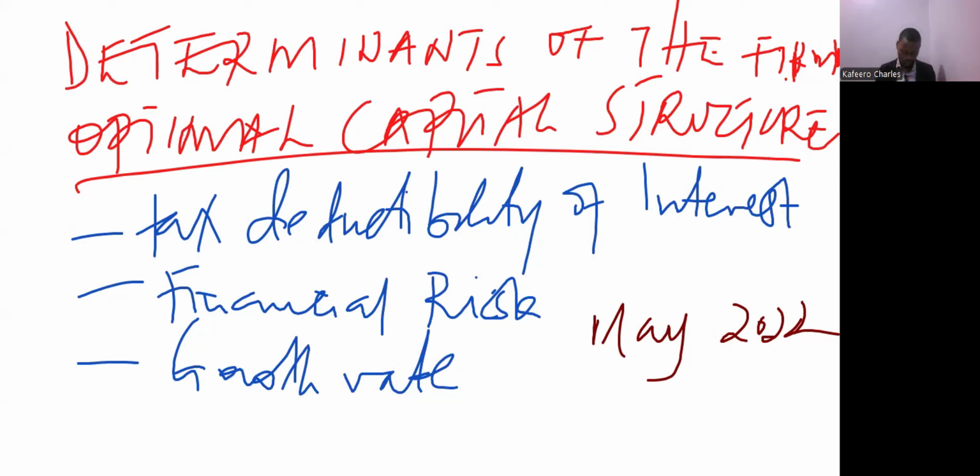Even the management style matters. You can get management that is not going to go to their extreme. There are people who are just not risk takers at all. If you get those on board, of course, it will have an impact on how they are going to determine the structure.